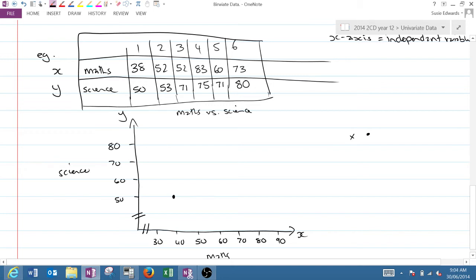I then go 52 and 53. You don't have to label the dots, it's just a dot, okay? 52 and 71. 83 and 75. 60 and 71. And 73 and 80.